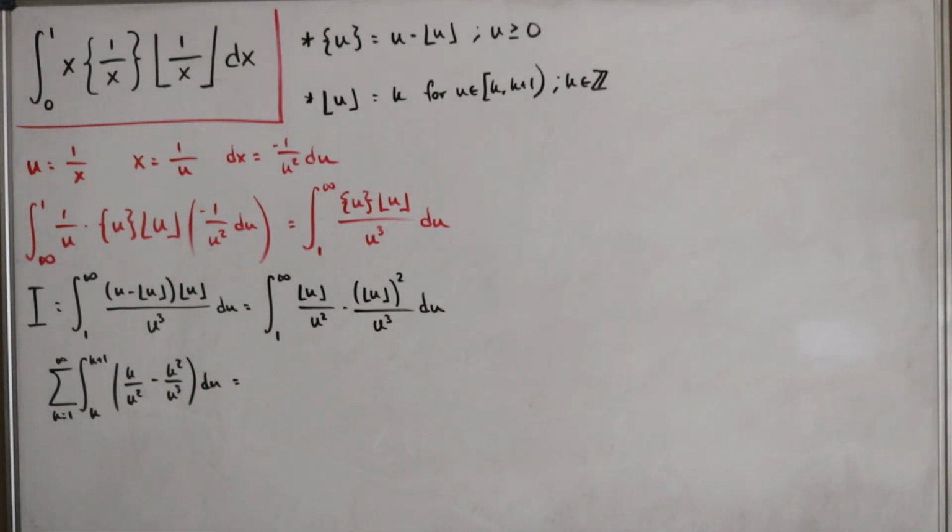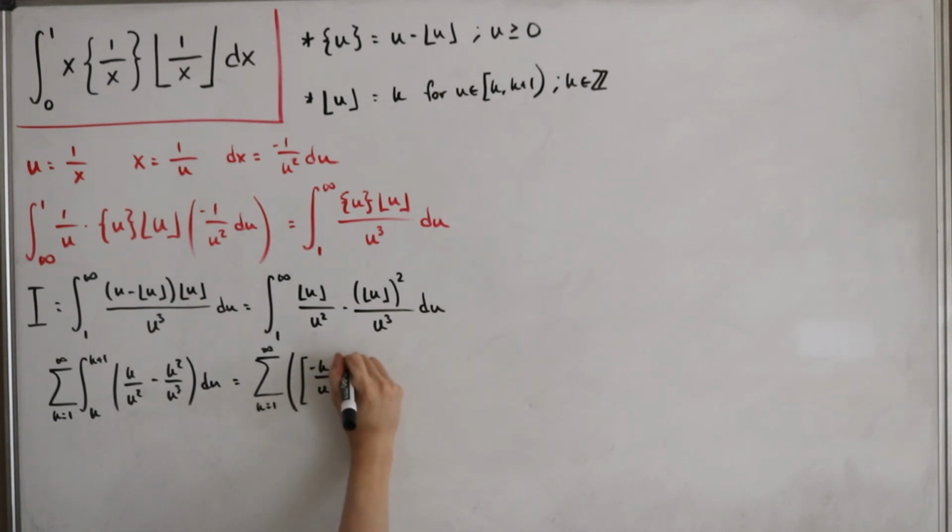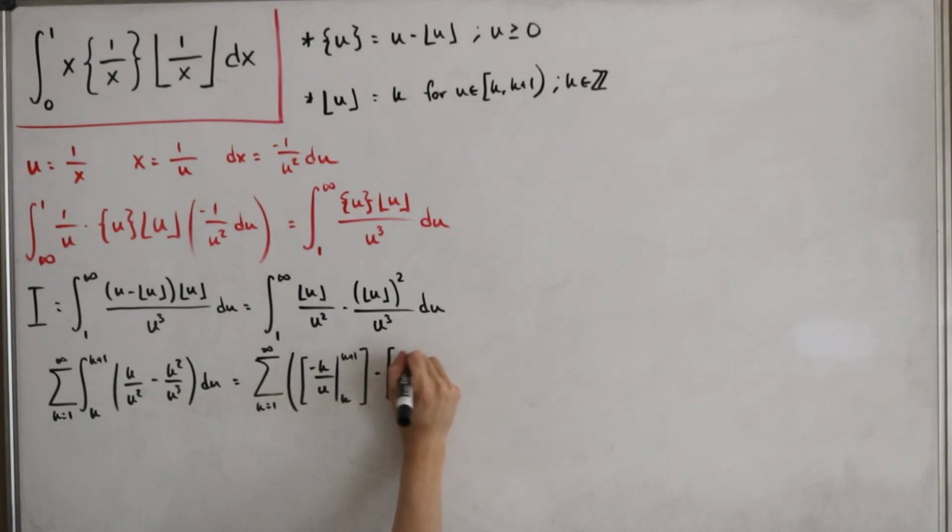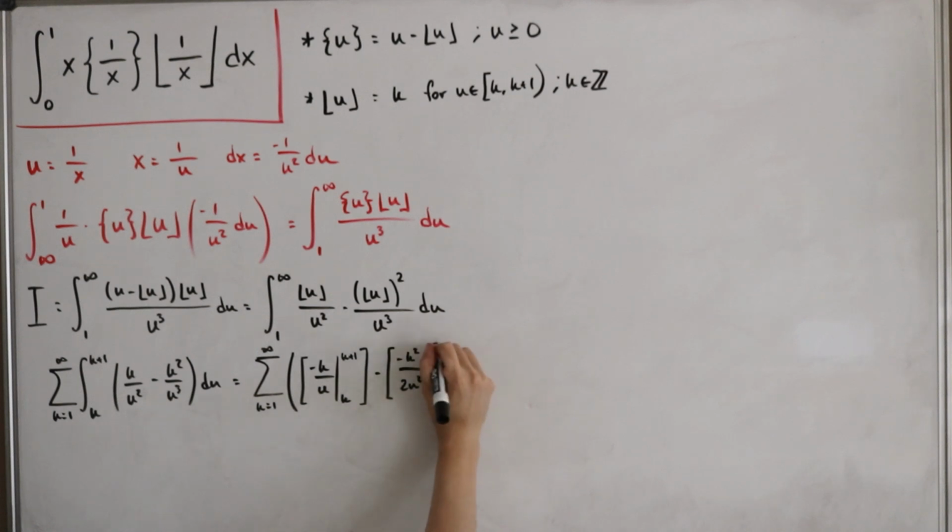Okay, then performing the integration itself is pretty self-explanatory. So I have the infinite sum from k equals 1, and now we have to calculate our bounds. After performing the integration, we have negative k divided by u, evaluated from k to k plus 1, and then subtract negative k squared divided by 2u squared, evaluated from k to k plus 1.